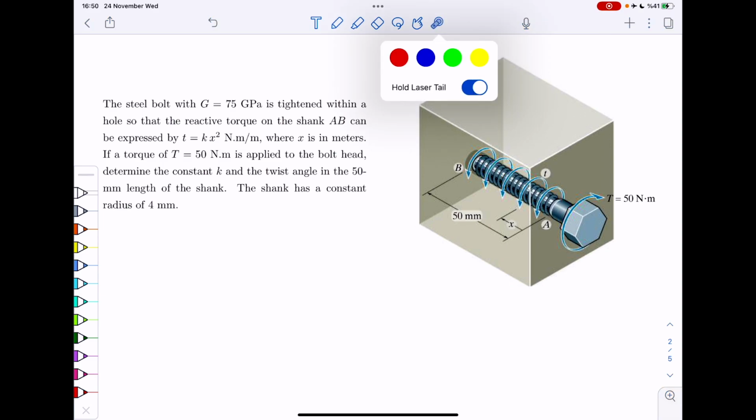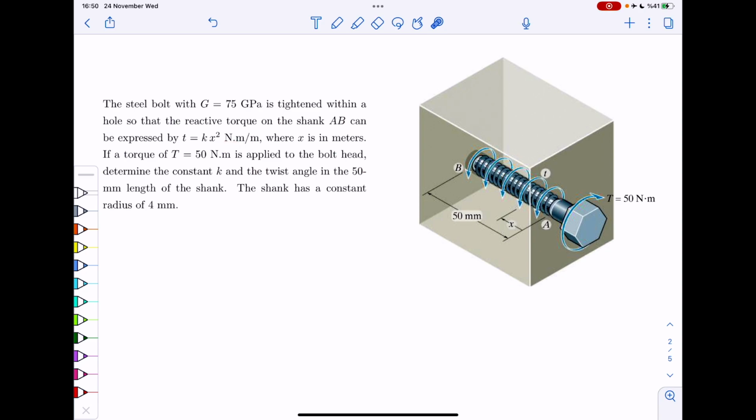We have a steel bolt with a shear modulus of 75 gigapascal, tightened with a hole, so that the reactive torque on the shank AB can be expressed by this equation, T equals kx squared. Again, this is a distributed load, so you see the unit is Newton meter per meter, or just Newton.